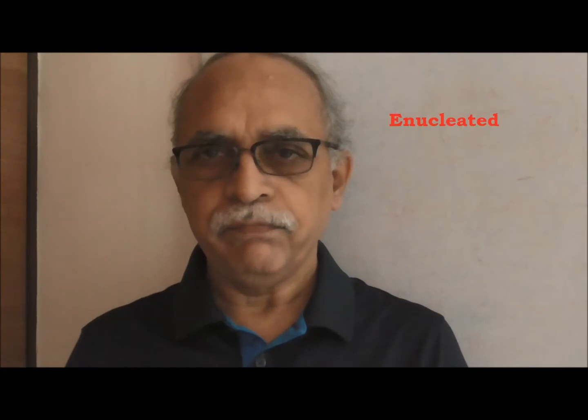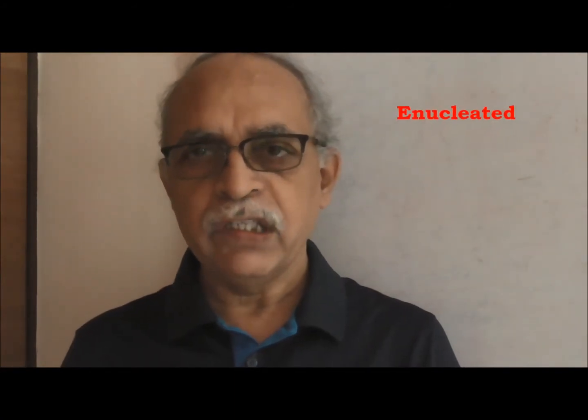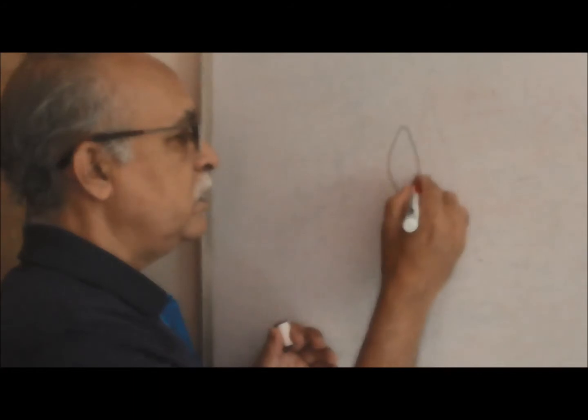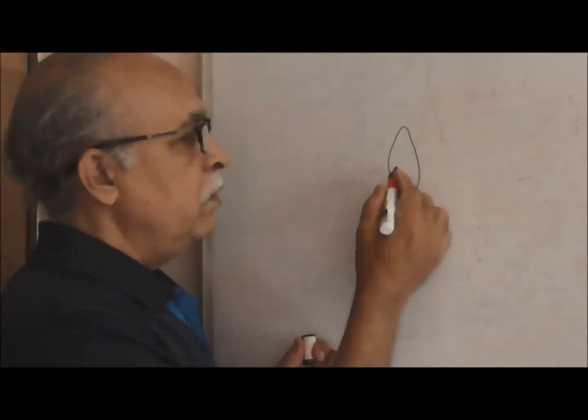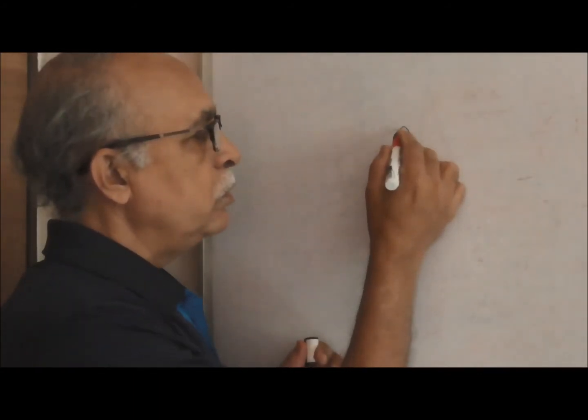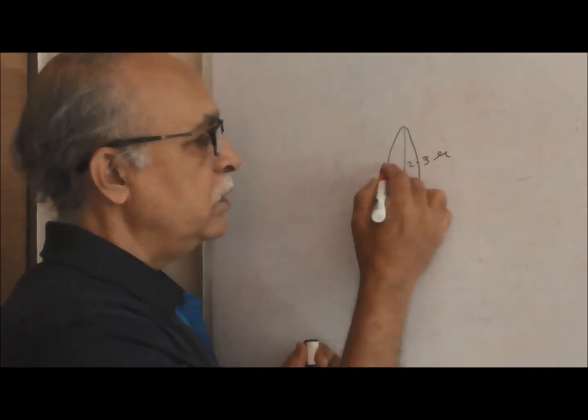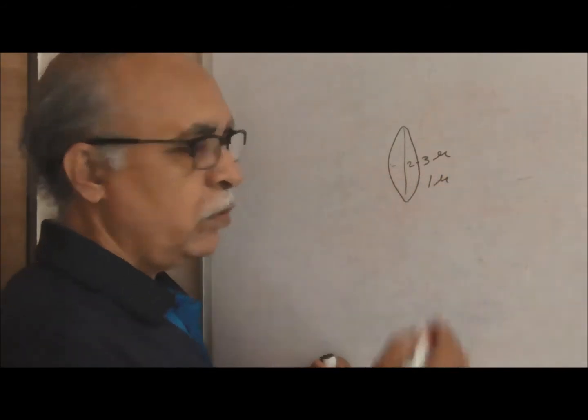Now these are also, just like RBCs, enucleated cells. There's no nucleus. The shape would be more or less spheroidal or spindle shaped, with a highest diameter of about 2 to 3 microns. That is, the cell could be grossly like this. The diameter could be about 2 to 3 microns, and this could be around 1 micron.